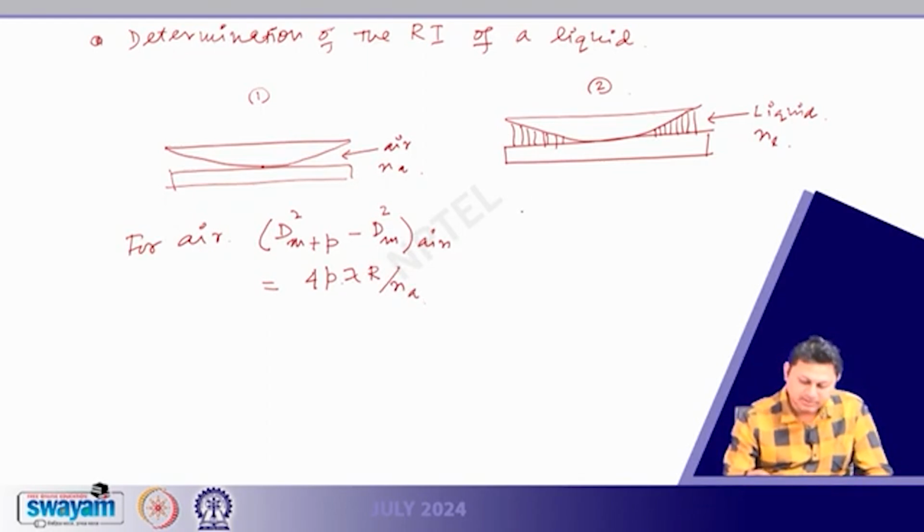Exactly the similar thing we can do for the liquid, where we calculate dm plus p square minus dm square.